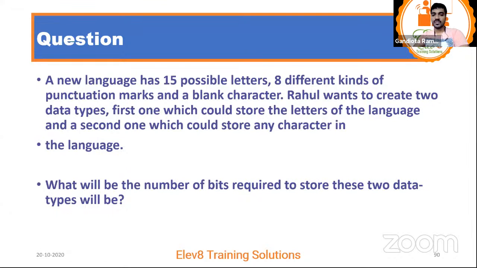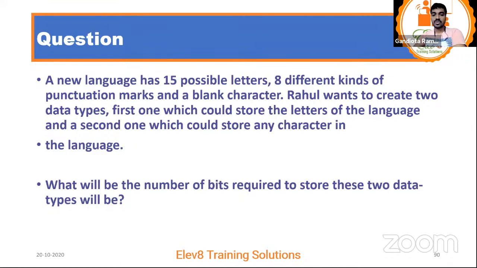A new language has 15 possible letters, ma. Observe carefully. A new language has 15 possible letters and 8 different kinds of punctuations, and a blank character. Rahul wants to create 2 data types.